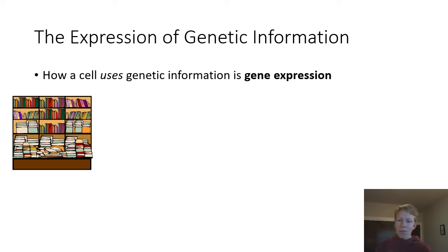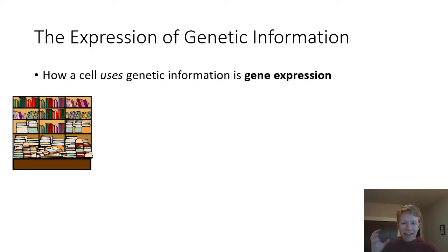So in the library, we have basically all the information for anything we could ever need. So you go to the cookbook section and you look around and you find the perfect recipe. It's in this giant, old cookbook that you're not even allowed to check out of the library because it's so old. But you find a single recipe that you really want.